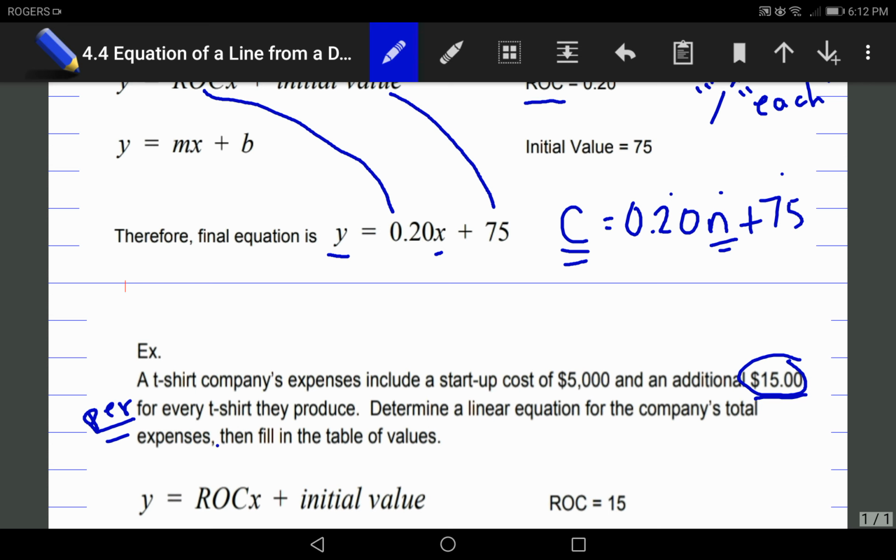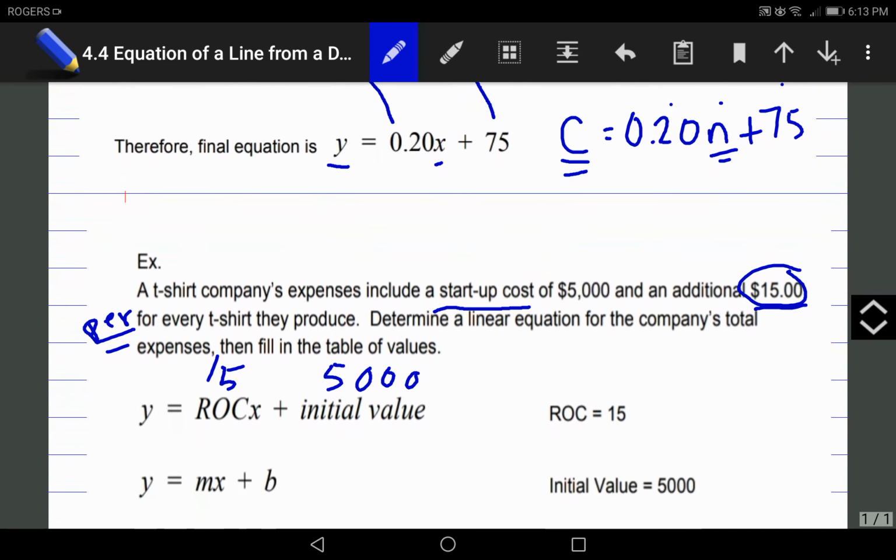Okay, so this ends up being our 15 right there. And our initial value, it actually says a startup cost, which is our first cost. That is our 5,000 right there. Okay, and that's what I wrote in the rest of the document. You can see here that the rate of change is 15 and the initial value is 5,000. Okay.